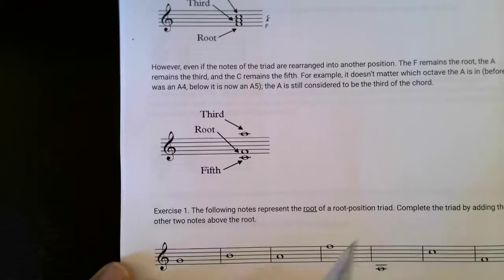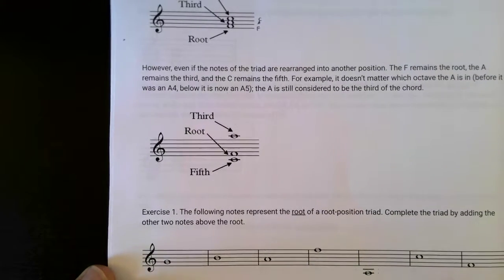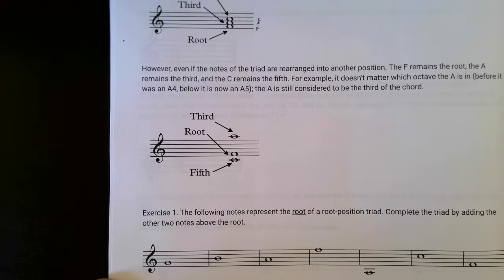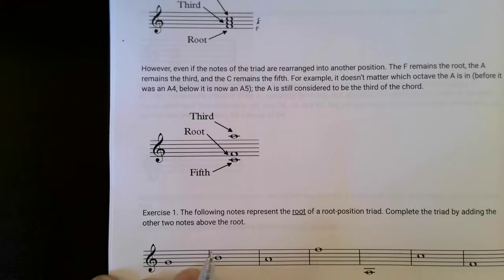In this exercise, the first one, I'm going to ask you to complete the triad by the given roots. For example, the first one, if this is the root, the root position triad would have a B and then also a D. That's how you would do that part.